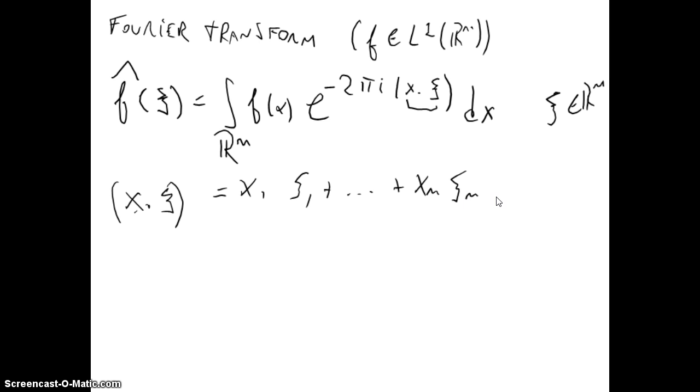We will forget about the 2 pi that usually appeared in this side of the integral, and now the integral will be in Rn. So this is a different consideration for the Fourier transform. Now I'm not talking about Fourier series.